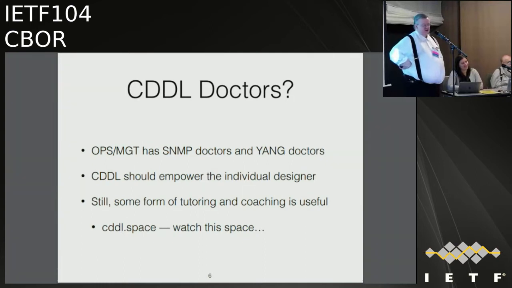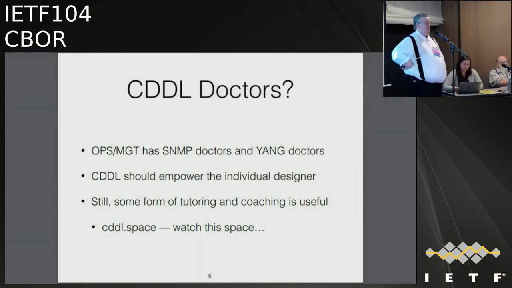But generally, the objective, of course, is to have CDDL be sufficiently accessible that you don't need a mediator, a priest that establishes your line to God. But you actually can do it yourself. So maybe we're actually making a point out of the fact that there are no CDDL doctors. But on the other hand, maybe some tutoring and coaching is useful.